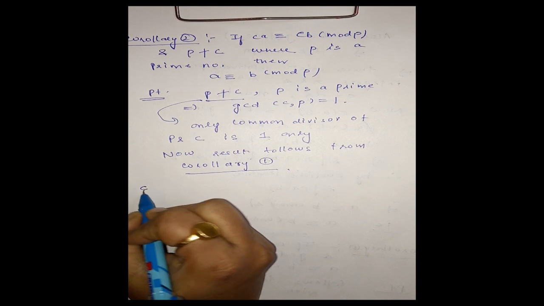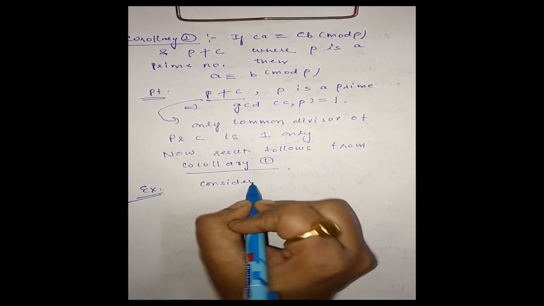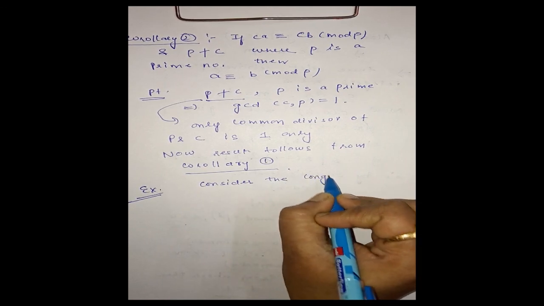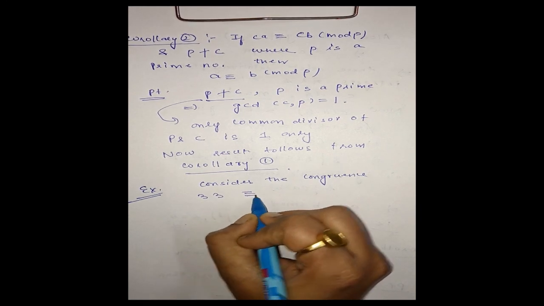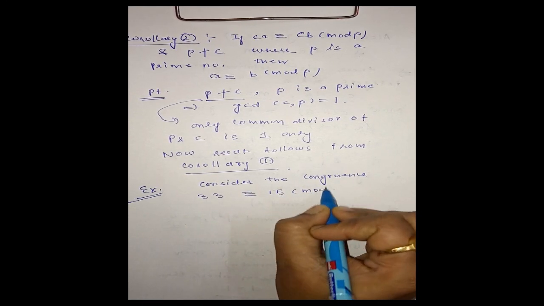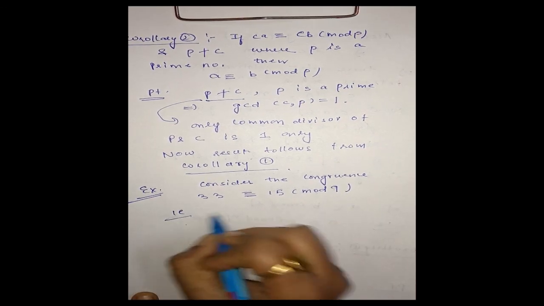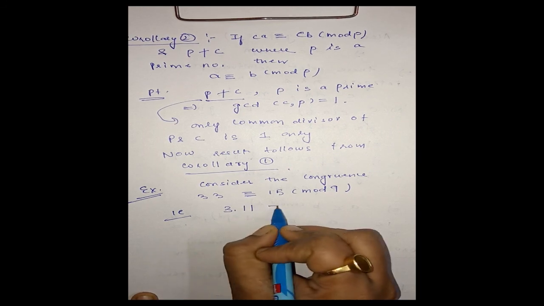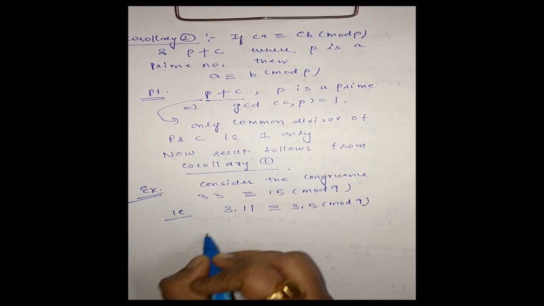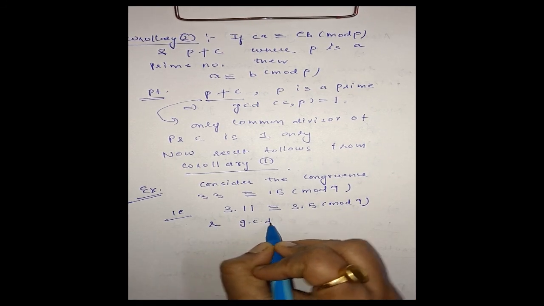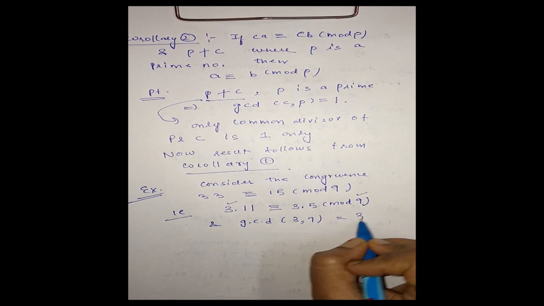Now consider the congruence 33 is congruent to 15 modulo 9. This can be written as 3 into 11 congruent to 3 into 5 modulo 9. And the GCD of 3 and 9 is 3.